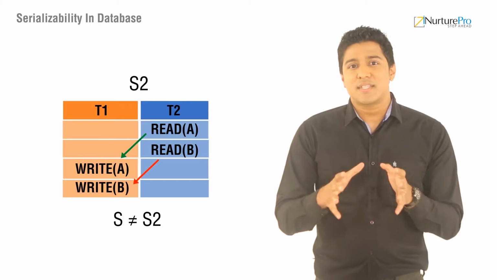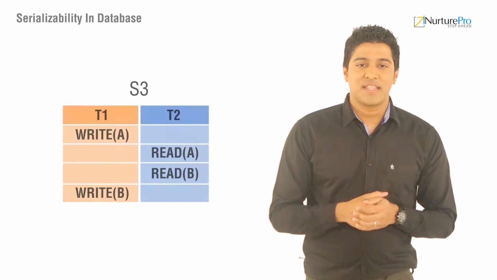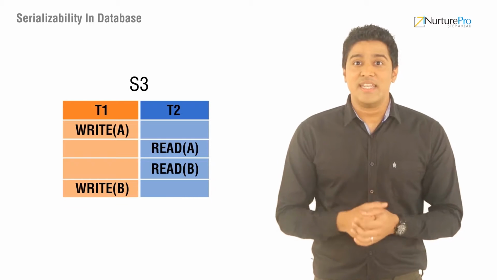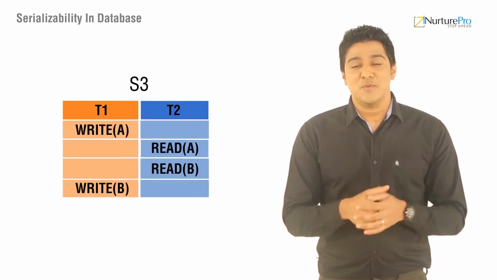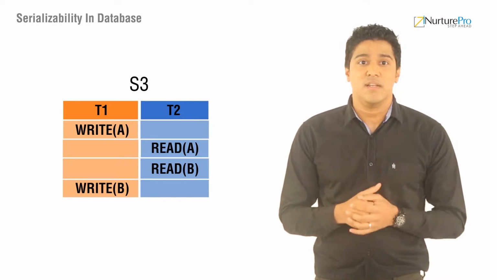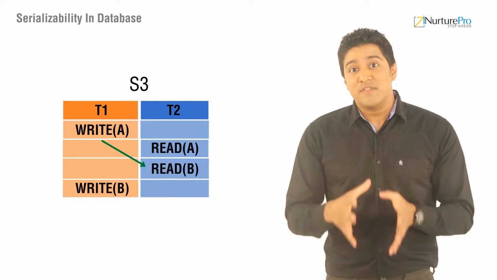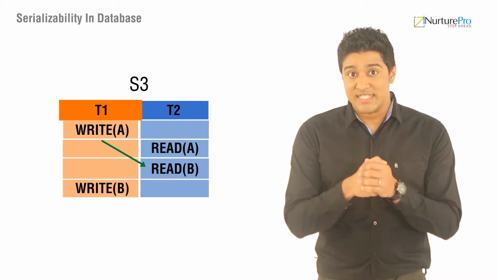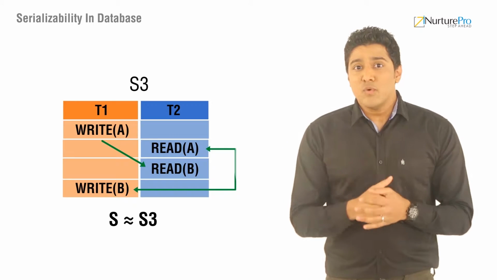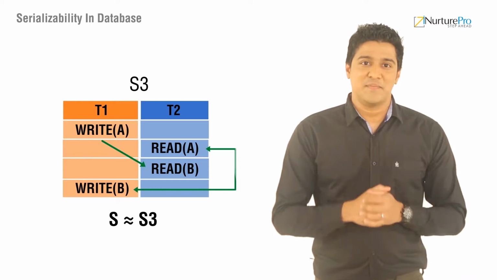Hence, we can say that schedule S is not serializable with S2. Whereas in schedule S3, read A operation in T2 is executed before updating write A operation in T1, and read B operation in T2 is executed before updating write B operation in T1. Therefore, we can say that schedule S is serializable with S3.